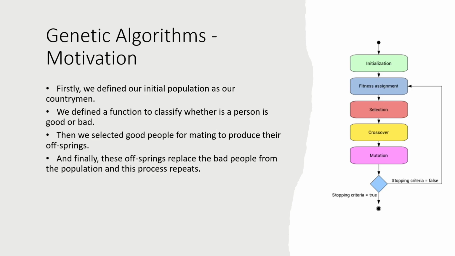We first have an initialization phase. Okay, that's basically creating a random population. That's the initialization. And then we need to have a fitness assignment, or we need to have a fitness function. In the previous example, we said we would like to have a better country, for example. That's a goal.